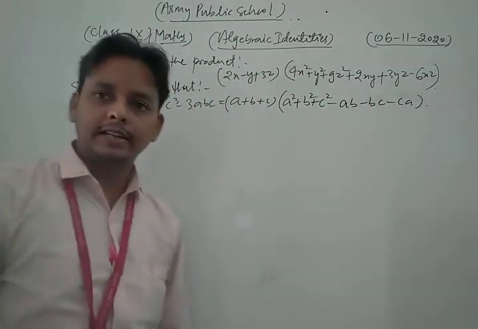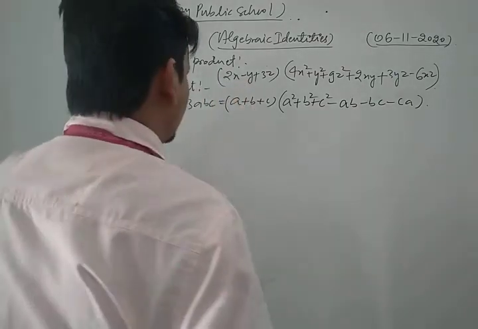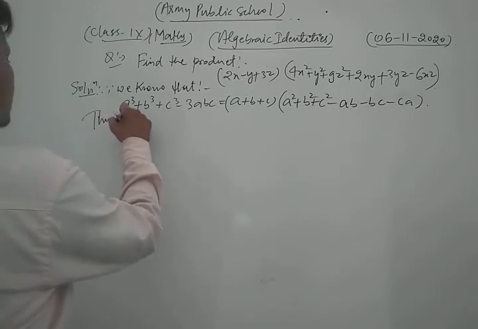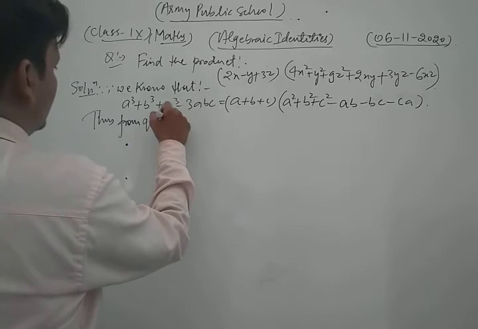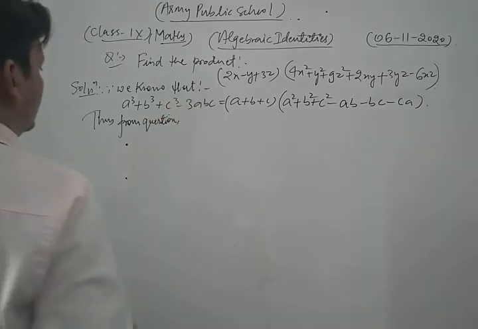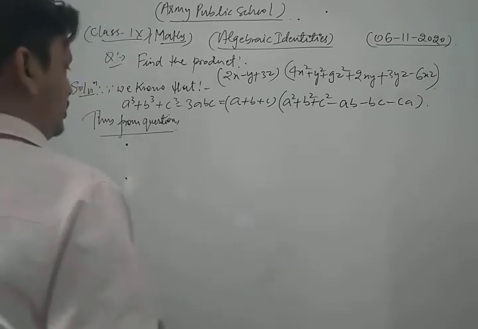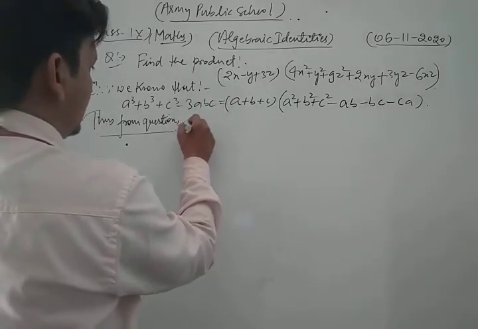We know that algebraic identity. Now look, dear friends, first we arrange the given question in this way. Thus from the question, we write 2x as it is.